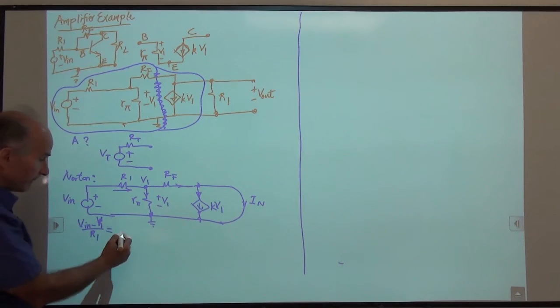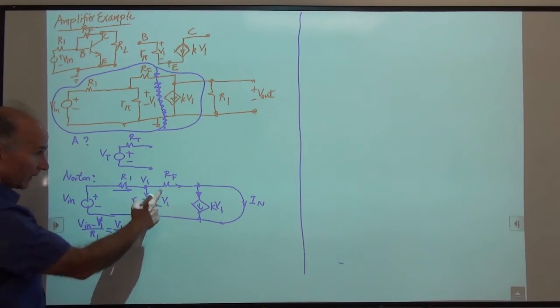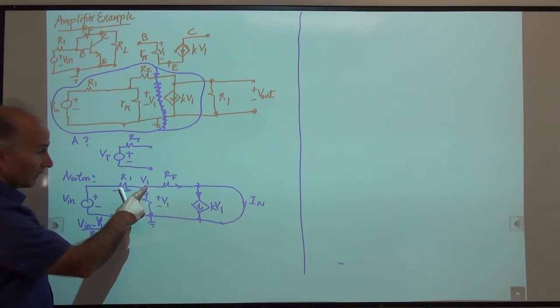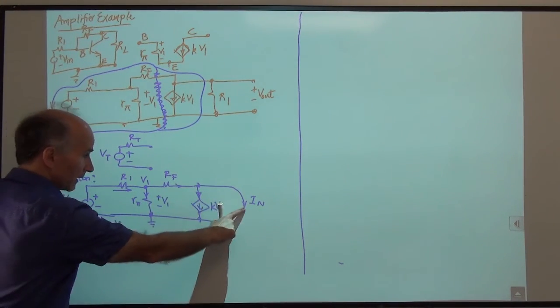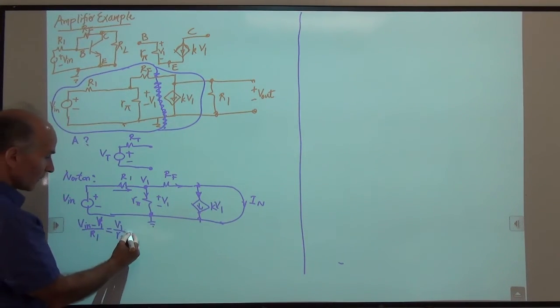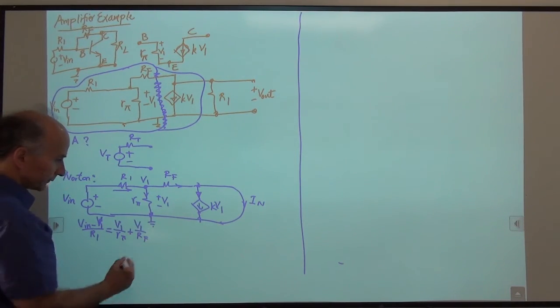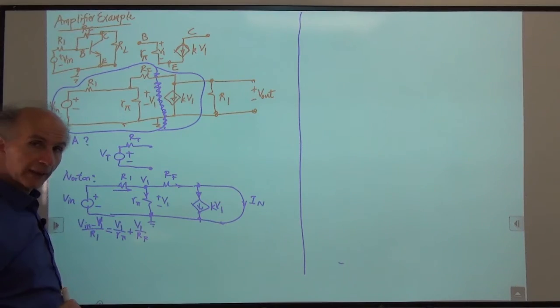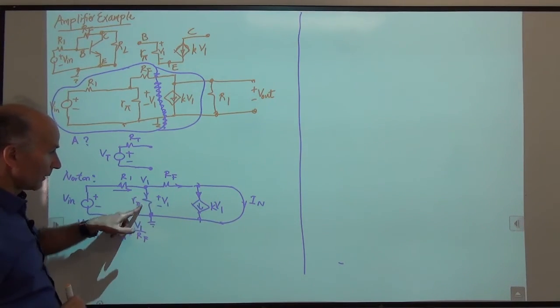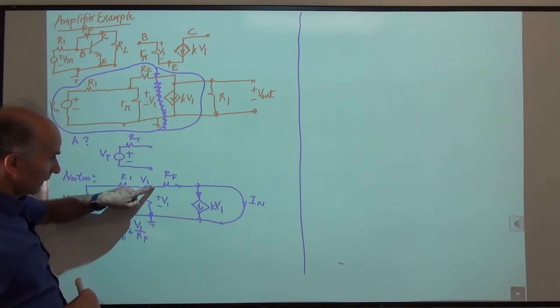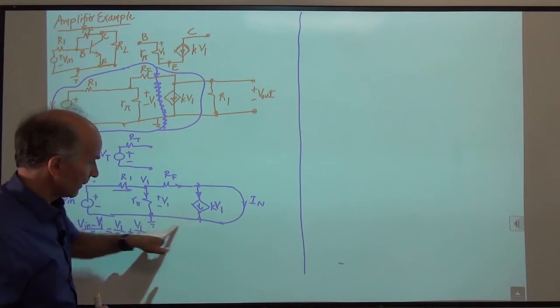V1 over R pi, and then this one. This side is V1, this side is 0. So plus V1 over RF. Okay, you can actually see that RF and R pi are in parallel, right? They share these two terminals, and they share these two terminals.